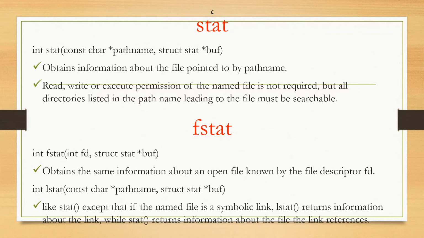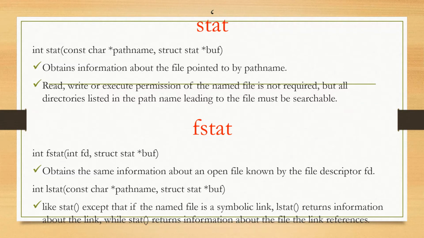Second one, fstat. This function also returns an integer type value, and it contains two parameters. One is an integer file descriptor. The second one is a structure stat that obtains the same information about an open file known by file descriptor fd.